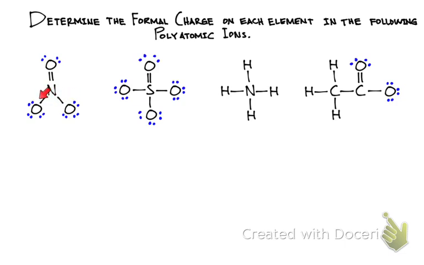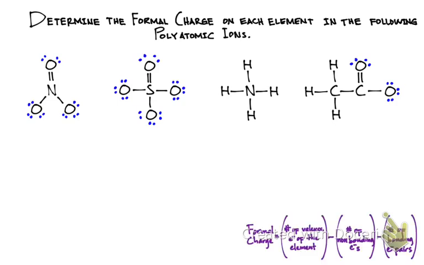And so we can determine the formal charge for each element in this polyatomic ion. All right, and here's the formula for formal charge. And we can label the oxygens here: we have oxygen 1, oxygen 2, and oxygen 3, just so we know which one we're trying to look at.